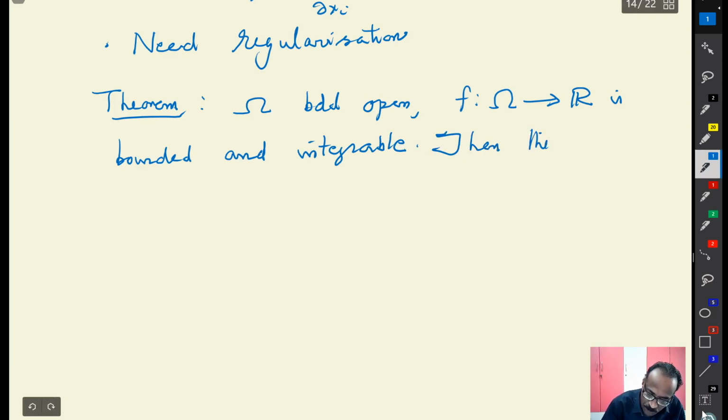Then the Newtonian potential V is in C1 of Rn. In fact, this is defined for all x, right?